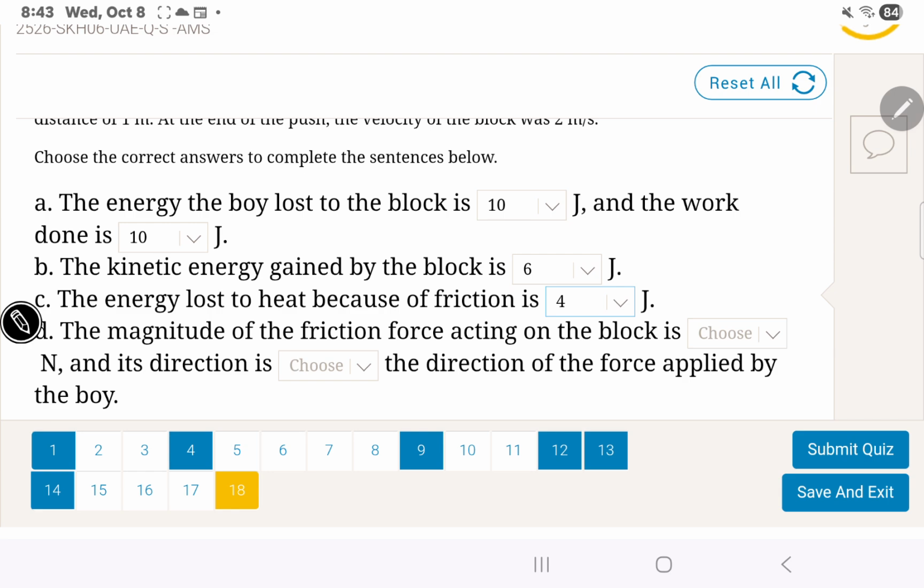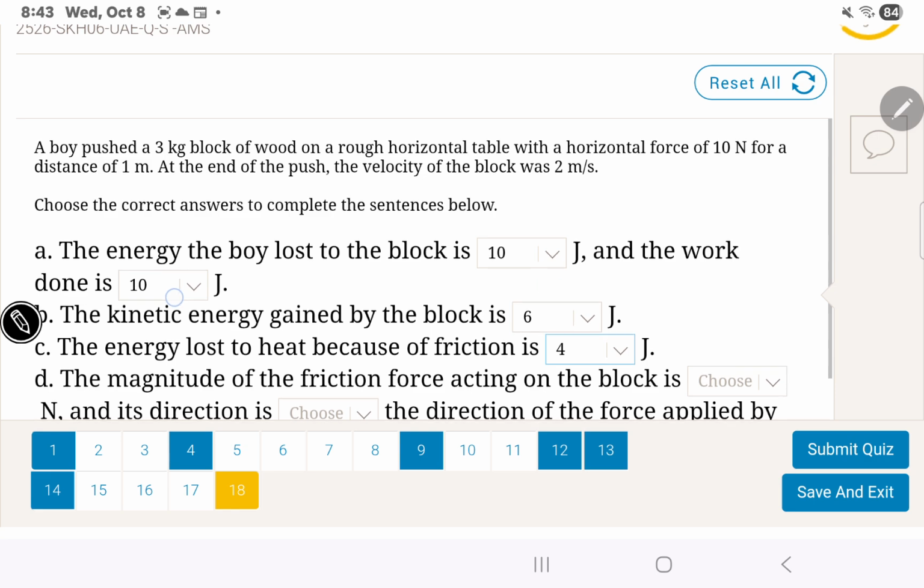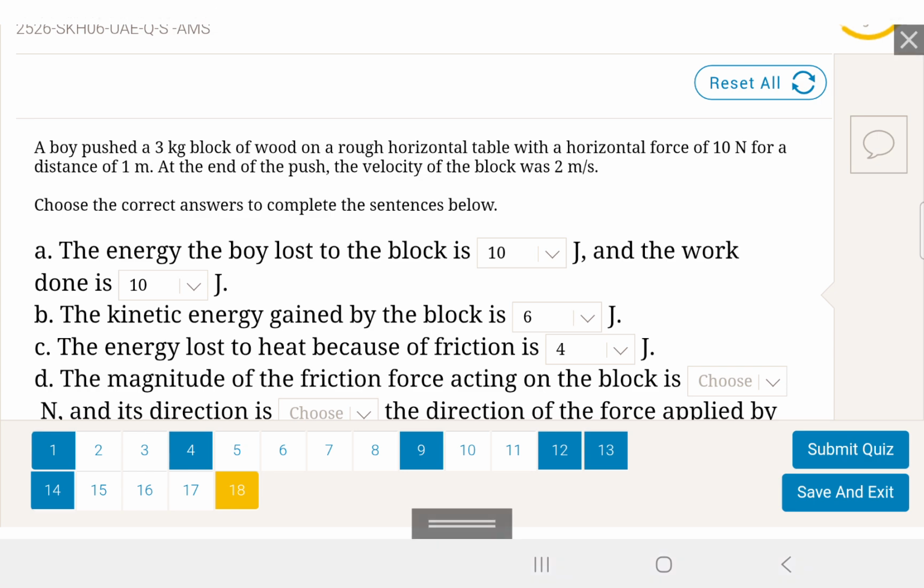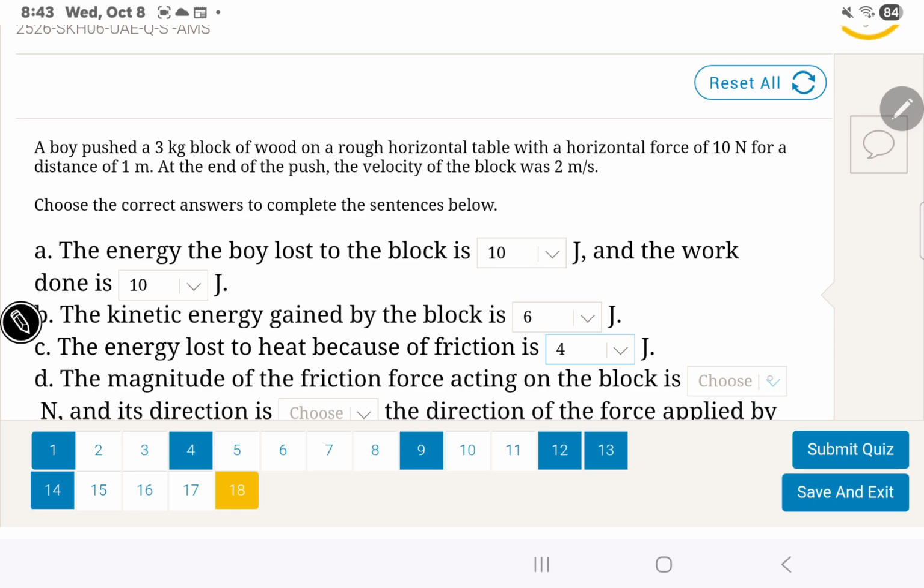The magnitude of the friction force acting on the block is... For this I have to know the distance traveled. Distance traveled is 1 meter. So here we want to find friction. Work is equal to force times distance.